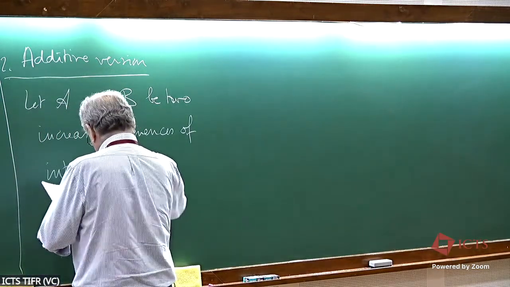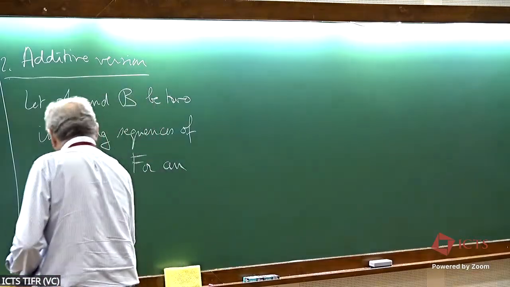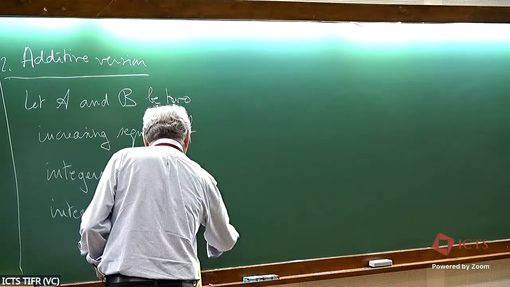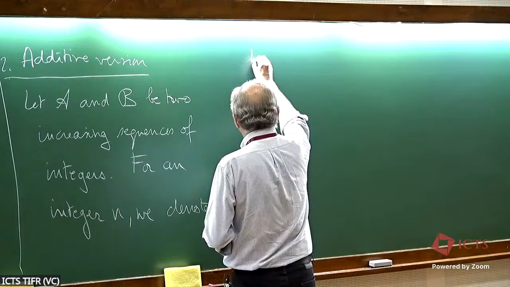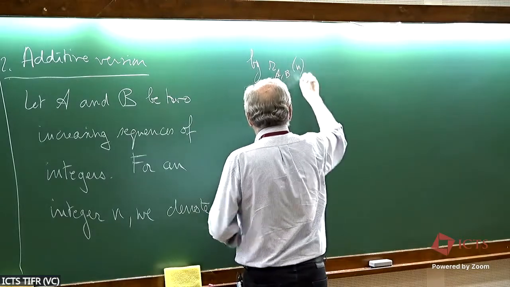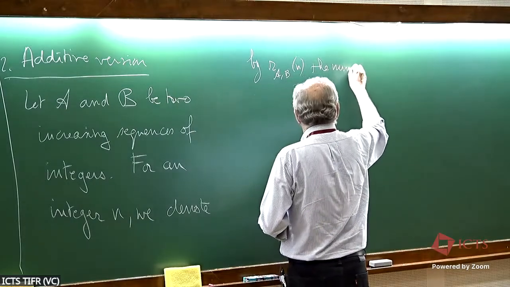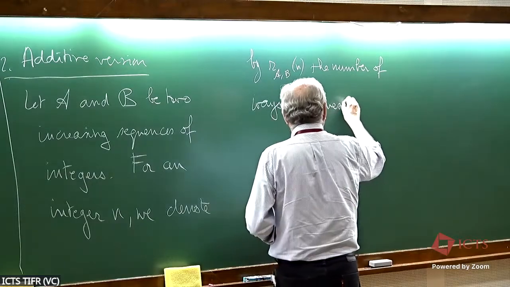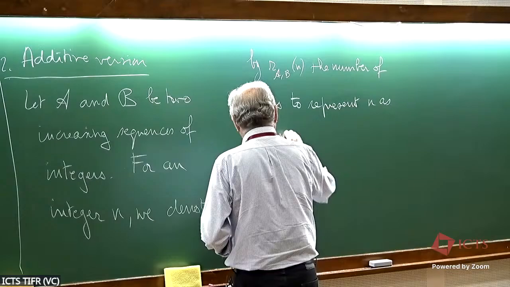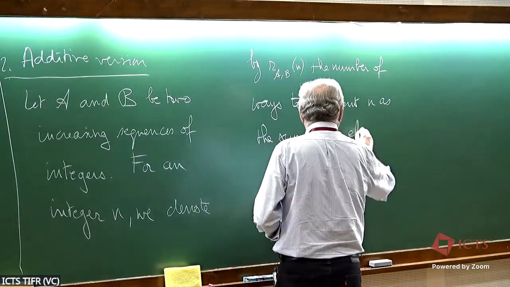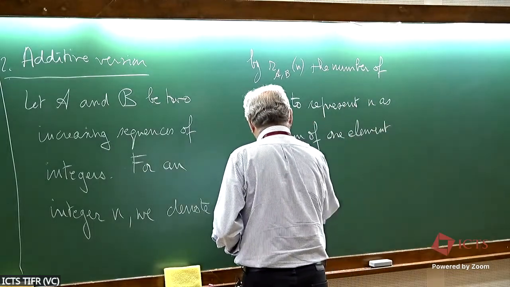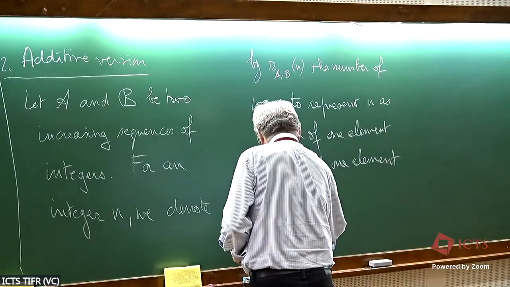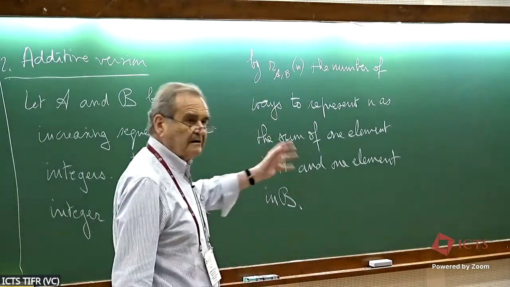So for an integer n, we denote by R_AB(n) the number of ways to represent n as the sum of one element in A and one element in B.